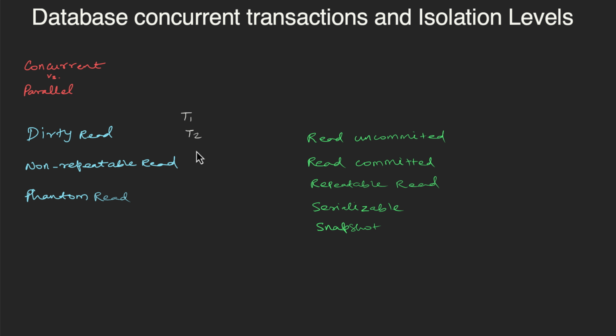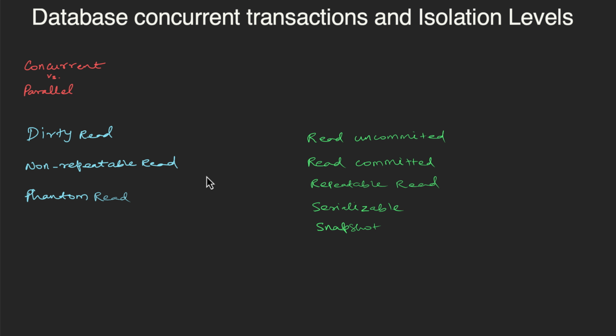And the second time, just after T1 completes, if T2 runs the same query, it might see some additional rows. So this is what we refer to as phantom read. Okay, so the number of rows increasing or decreasing within the same transaction when we run the same query, that is called phantom read. So these are some of the problems that we will have with concurrent transactions.